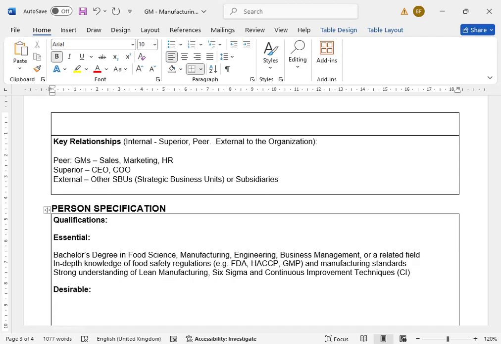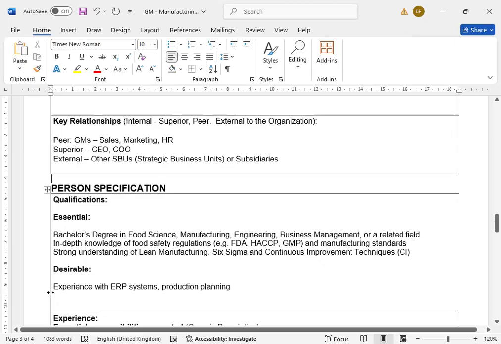So what about the desirable? As for the desirable, I would say experience with ERP systems, production planning, because you will be doing this function at the same time, since these functions are under him.